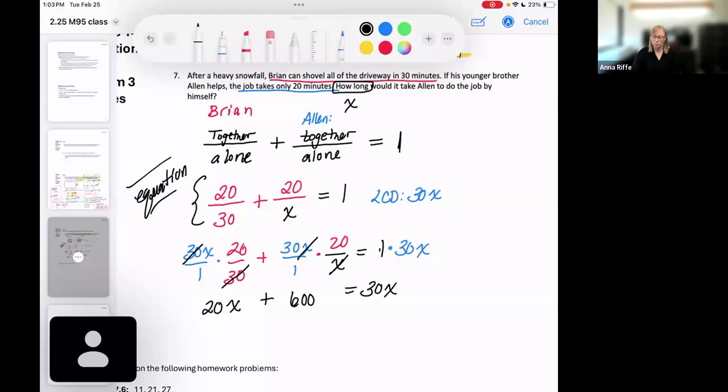Okay. Now this is a linear equation, so I am going to note that I have x terms on opposite sides. So I want to remove that 20x from the left-hand side so that I have all of the x terms on the same side of the equation.